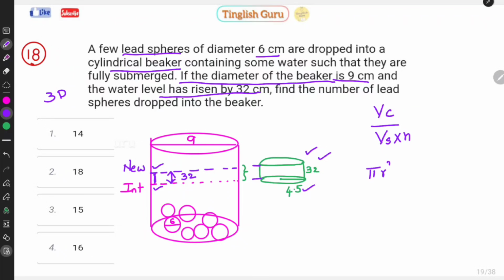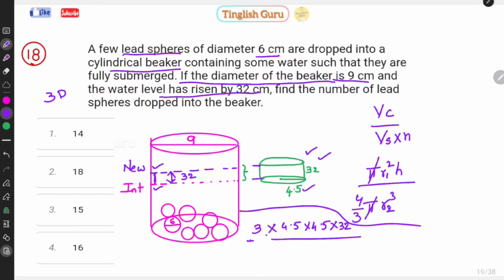Pi r square h, divided by the volume of the sphere, 4 by 3 pi r cube. Let us say this is r1 and r2. So both pi and pi will get cancelled. So what we will get? These 3 will go to the numerator. 3 into, what is the radius here? 4.5. 4.5 into 4.5, and what is the height? 32.